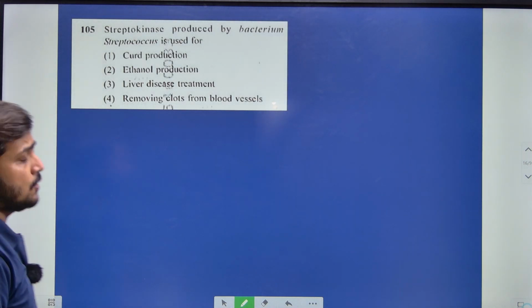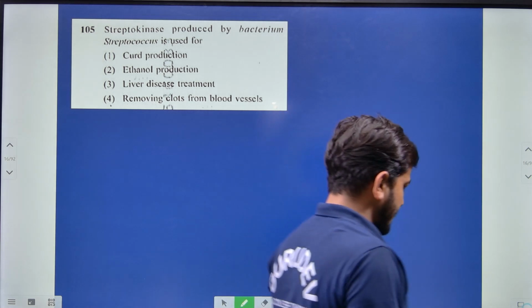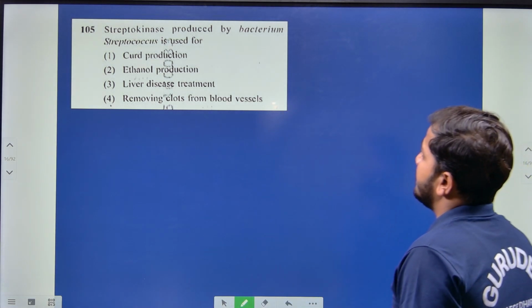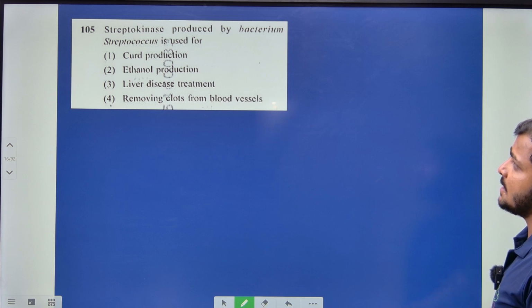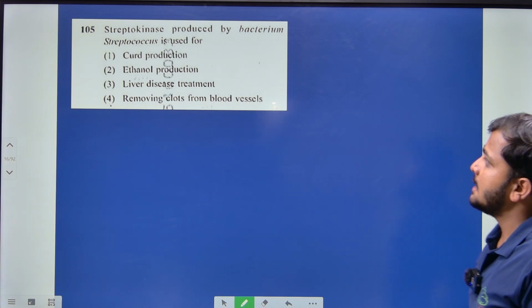Then moving on to the next: streptokinase is produced by a bacterium, Streptococcus.